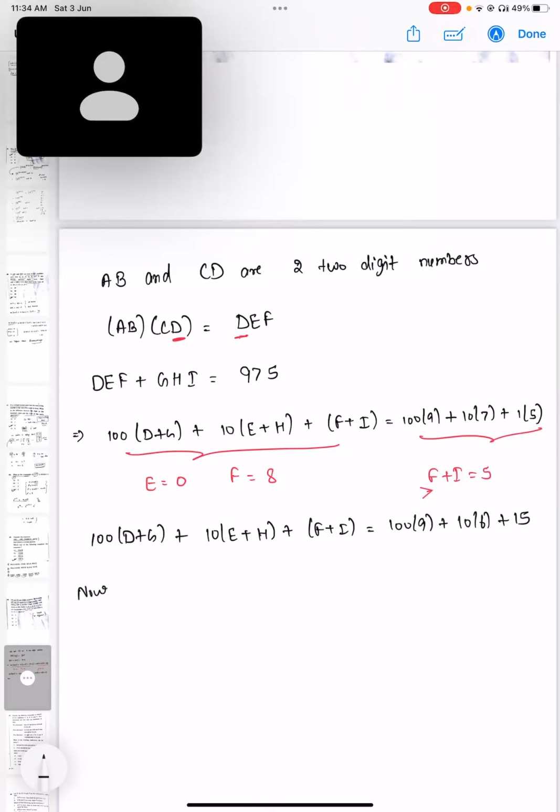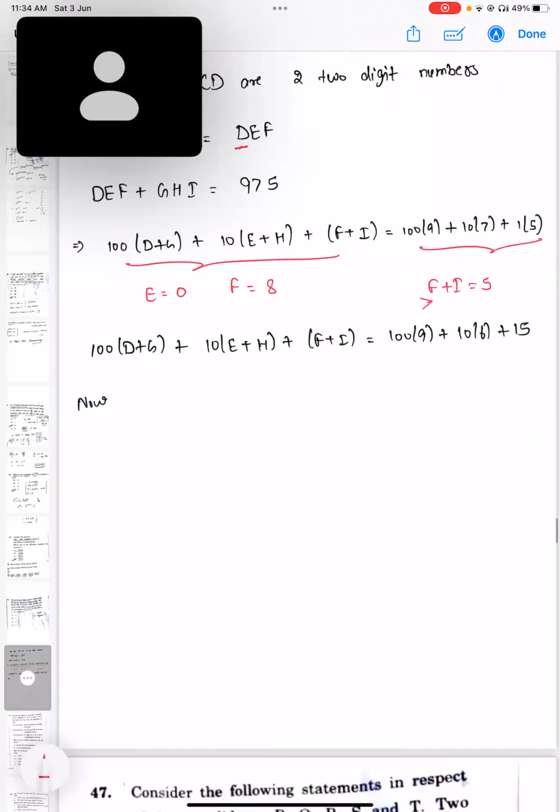Now F plus I is equal to 15 and F is given to be 8. This implies I is equal to 7. Also, E plus H is 6 and E is 0. This implies H is equal to 6 and D plus G is equal to 9.